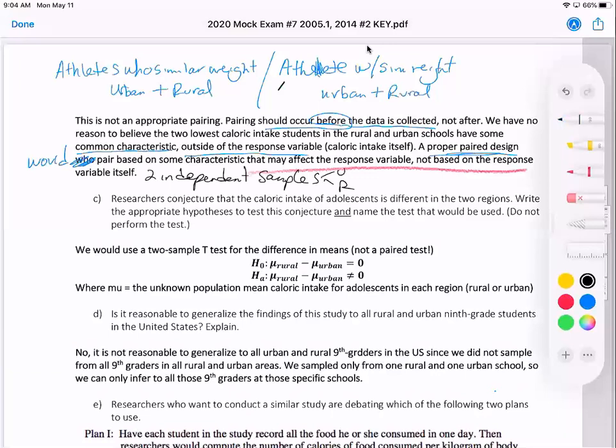So the data itself doesn't come from one sample where you have paired differences collected. So that would also be a good answer: no, the 2 samples are independent. The 2 schools are independent of each other. They're not linked. They're not dependent. They're not paired together. So that was B.